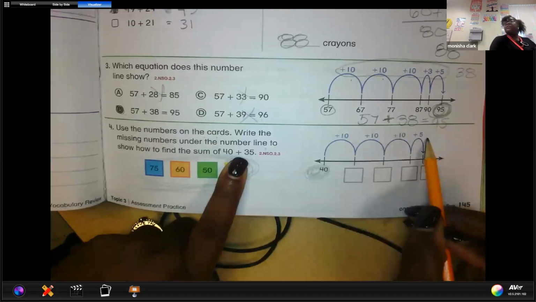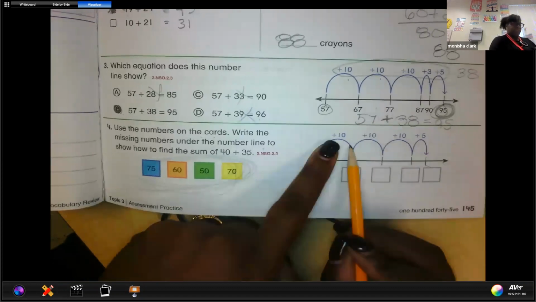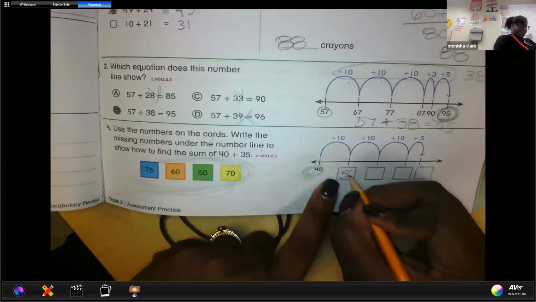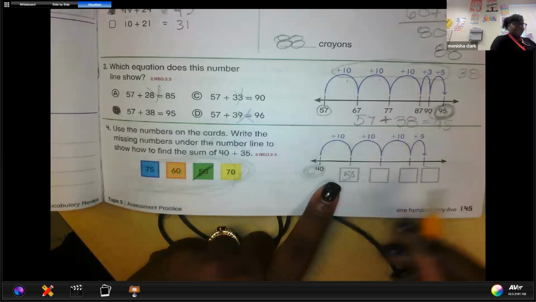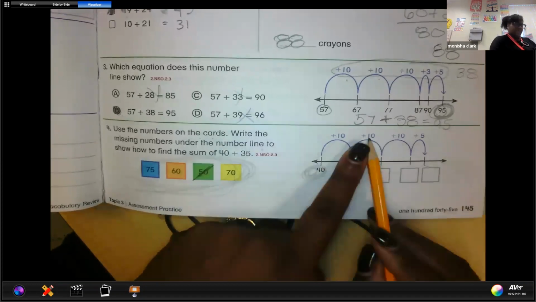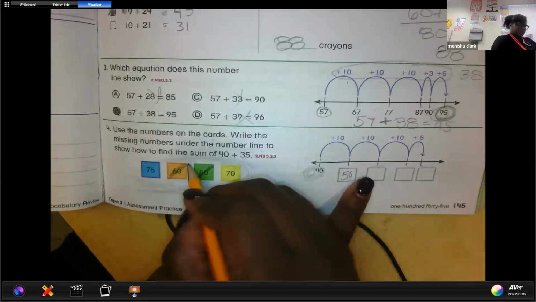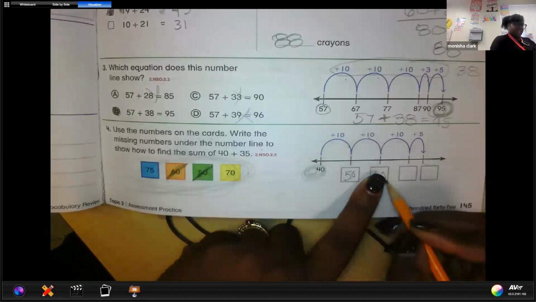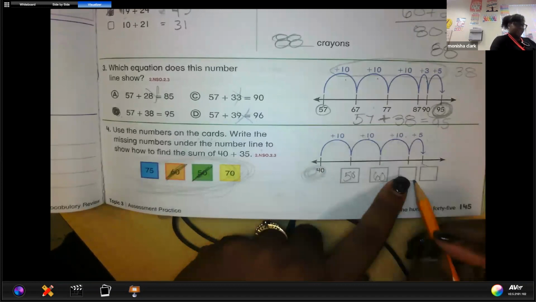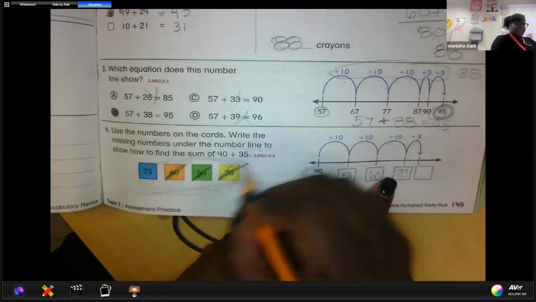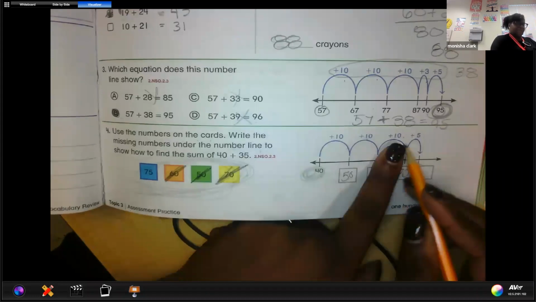So 40 plus 10 equals what? I can cross this out. 50 plus 10 equals 60 plus 10 equals 70 plus 5 equals.